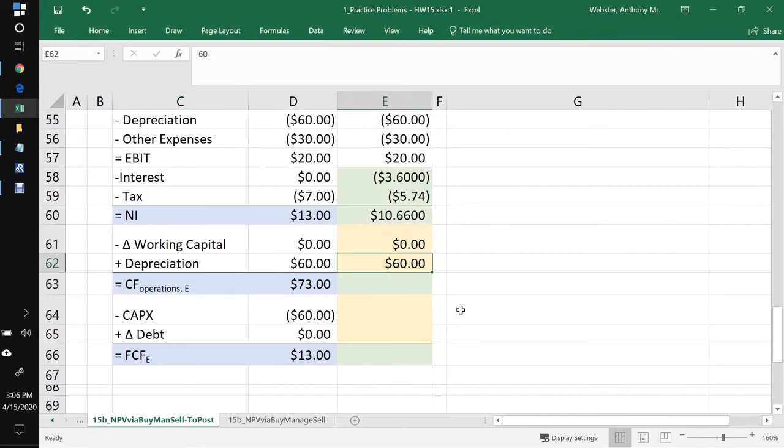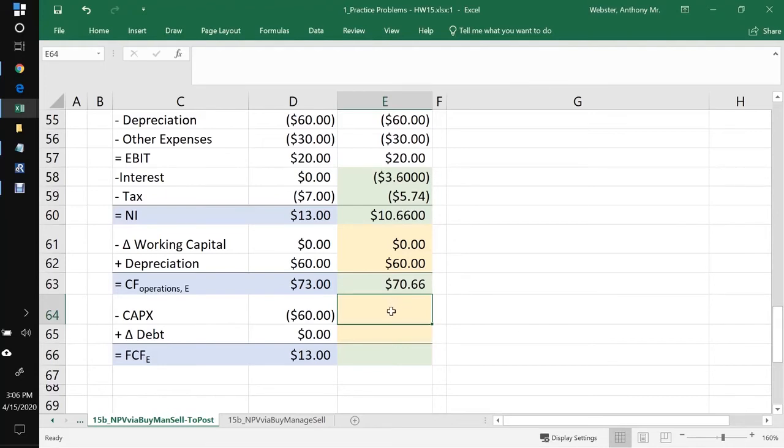So that's still our 60 here. And then our cash flow from operations will be equal to our net income minus our changes to working capital, and then plus adding back that depreciation. So we get 70.66. Okay.